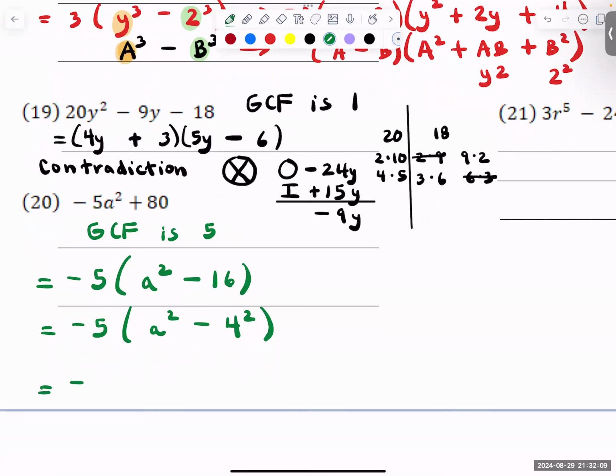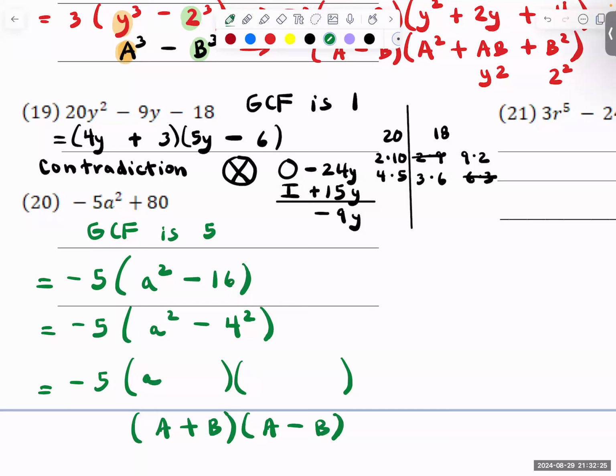So we'll factor the difference of 2 squares as the product of conjugates. So think of A plus B times A minus B. So we have first term, little a, second term, 4. One binomial has a plus and the other one has a minus.